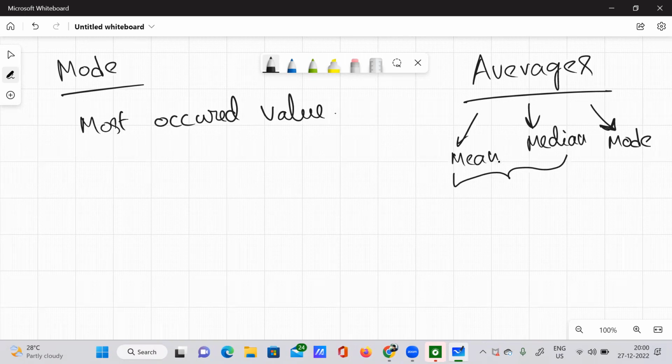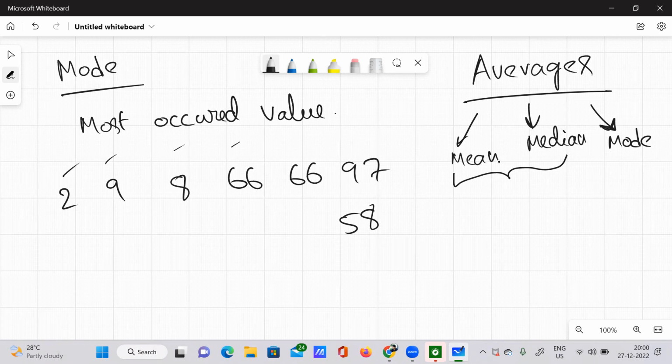For example, if I have data like 2, 9, 8, 66, 66, 97, 58, in total 1, 2, 3, 4, 5, 6, 7, there are 7 data points.